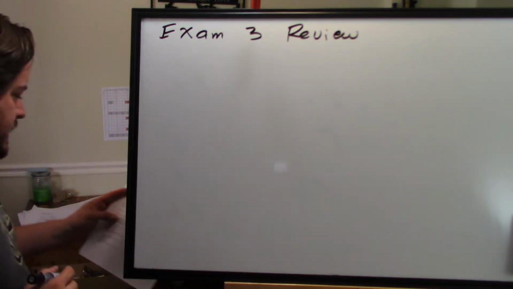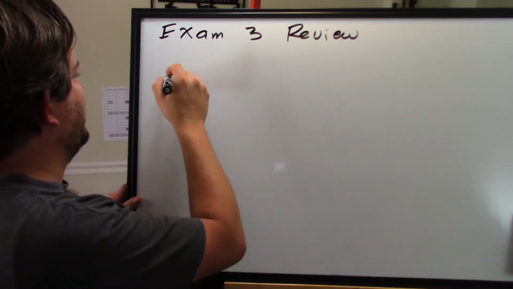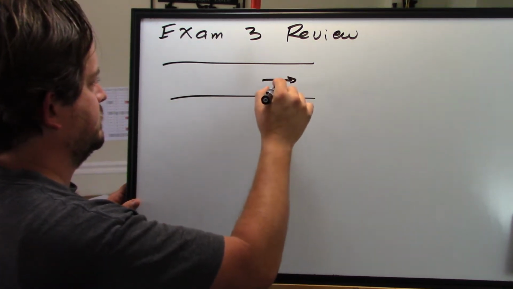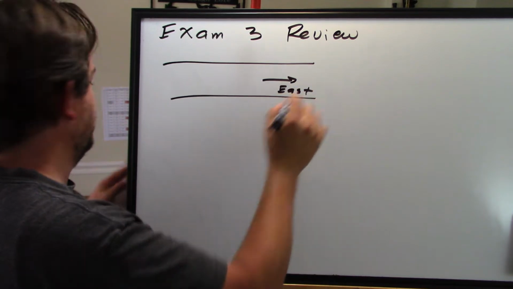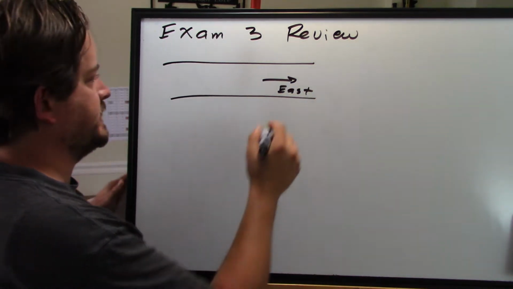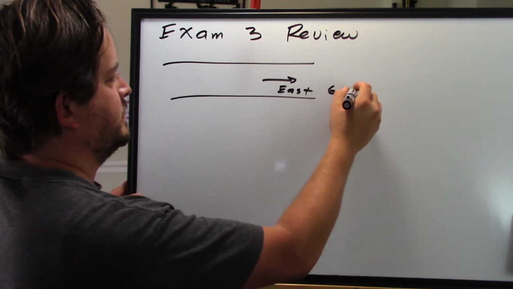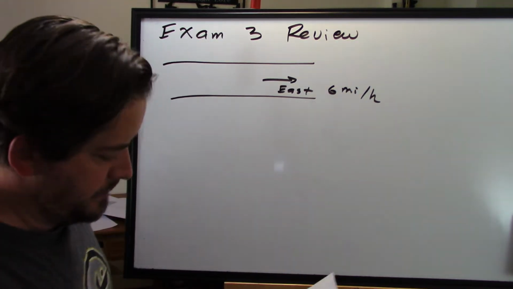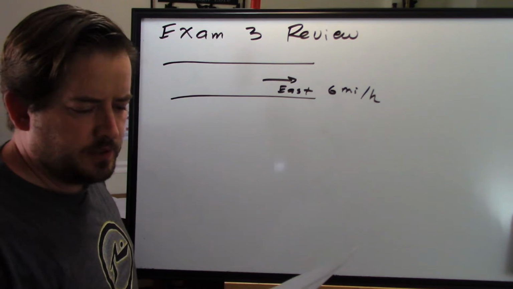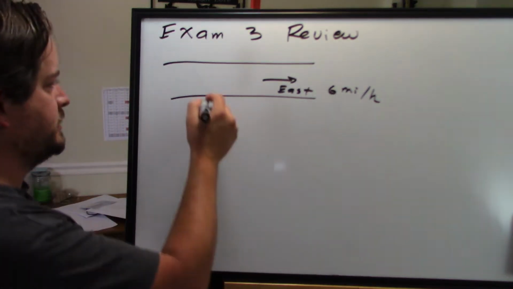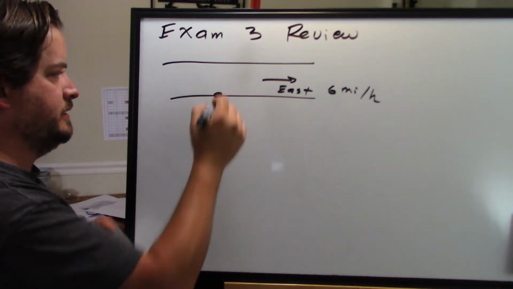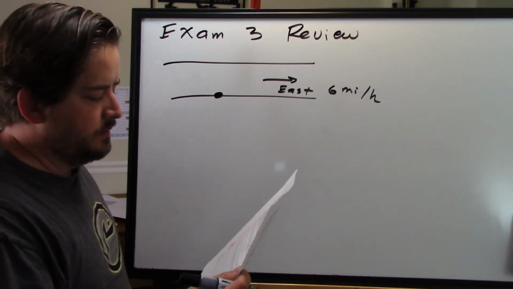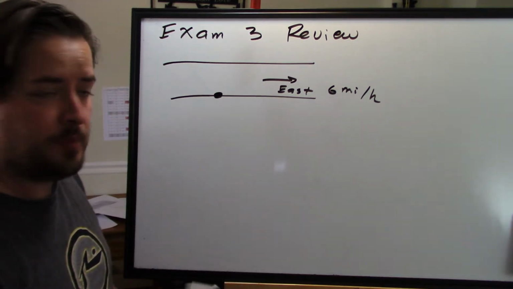Well, we've got a straight river flowing east at 6 miles an hour. And then we have a woman who launches a boat from the south shore. So she's starting, say, here, and she wants to land at the point directly opposite on the shore.